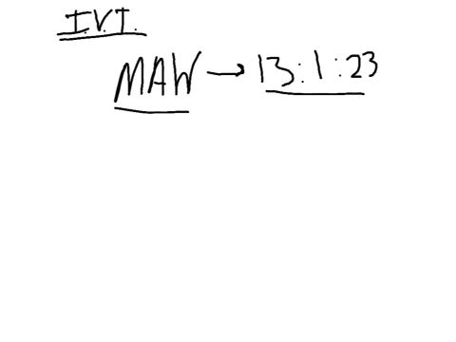So of course she counts out each number that corresponds with each letter, and her numbers end up being 13, 1, and 23. And of course, M is the 13th letter of the alphabet, A is the first, and W is the 23rd. So it's very simple.